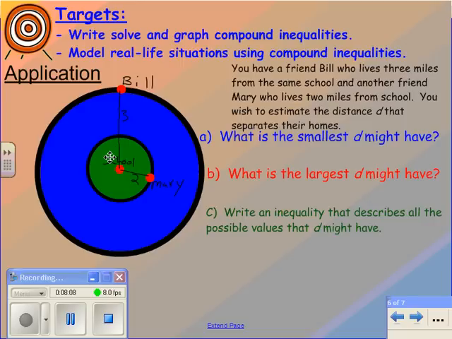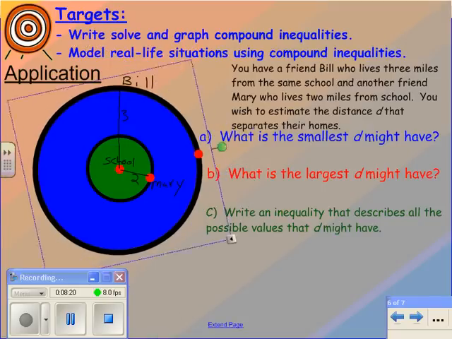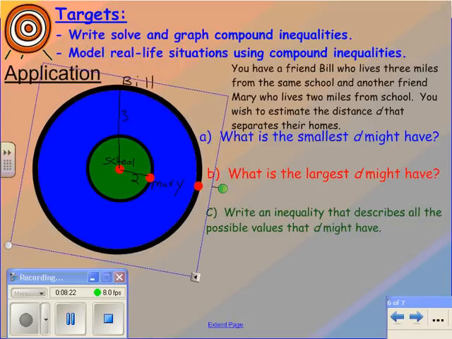Okay. So what's the shortest distance, or the smallest distance, we might have? Well, to figure that out, we're going to move Bill's house so it lines up with the school and Mary's house. So now if I take a look at that, I know that my distance from here to here was 3 miles, right?